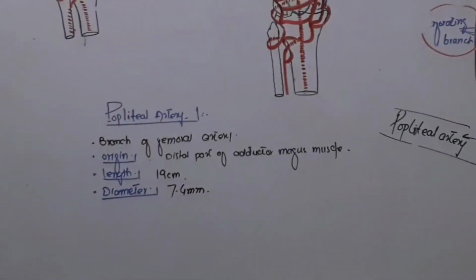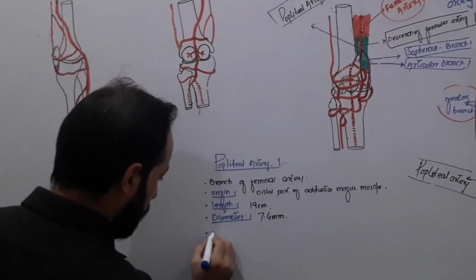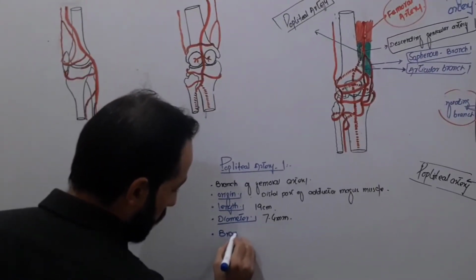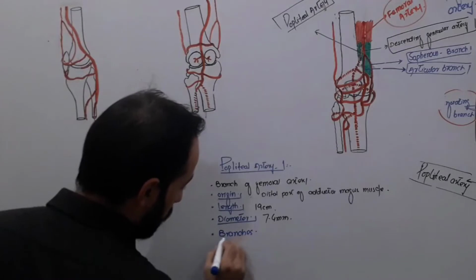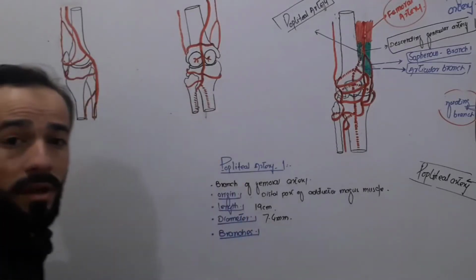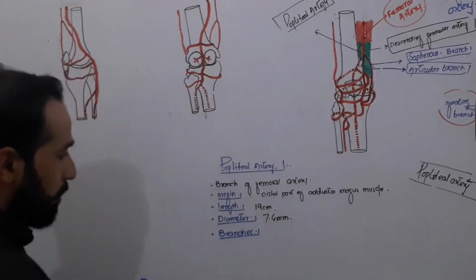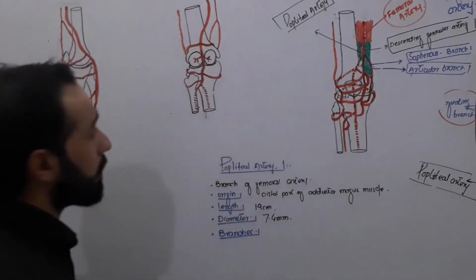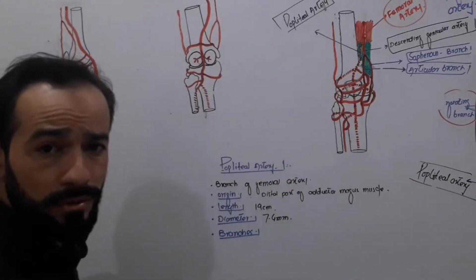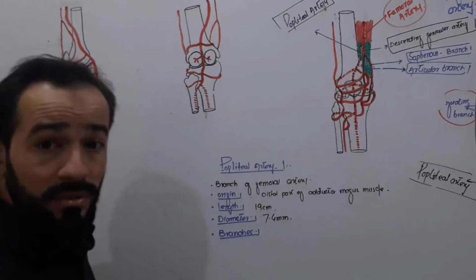Clear? Now what are the branches of this artery? Let us know about the branches of the popliteal artery. The popliteal artery gives off many branches, about 5 branches completely, or we can say about 7 branches.